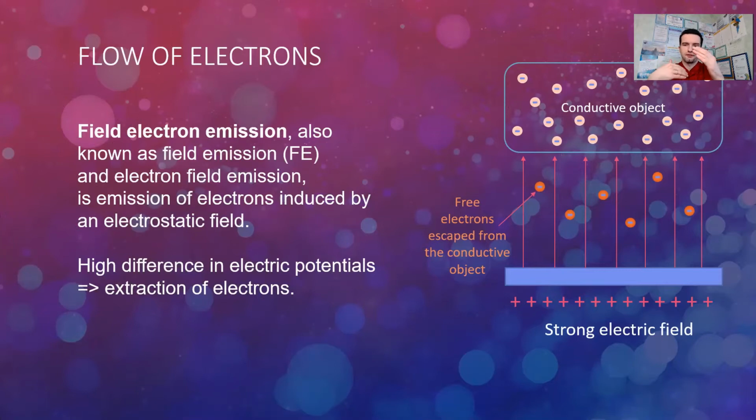Just because of this strong electric field, it attracts the electrons from the material, from this conductive object. And it doesn't matter if it's your finger or it's a piece of metal. They're both conductive. That means in both cases, electrons can be extracted from there. So electrons are attracted by this strong or high intensity electromagnetic field, and they fly out to the air.